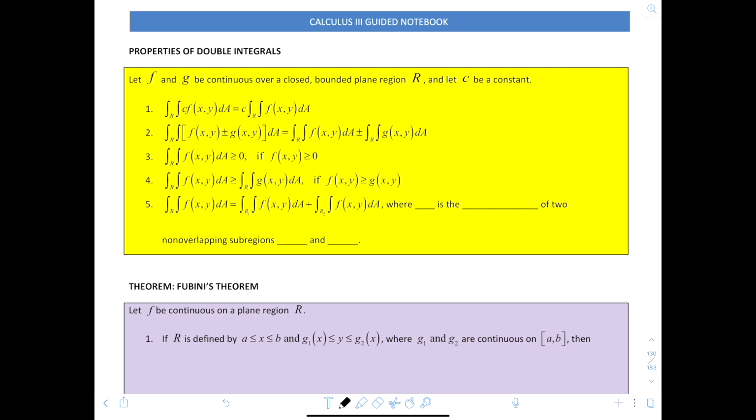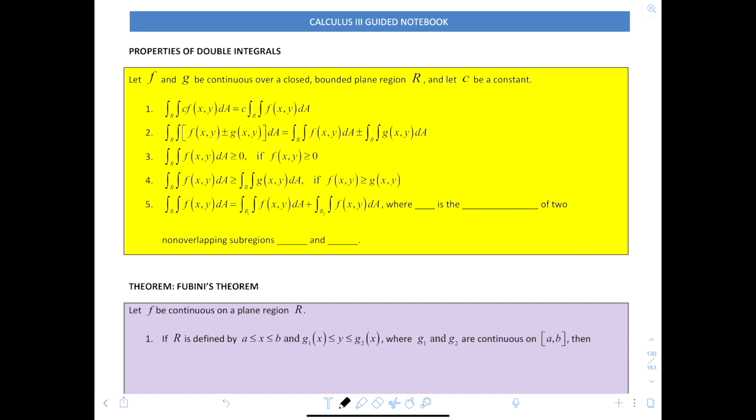And number 4, the iterated integral of f of x and y dA is greater than or equal to the iterated integral of g of x and y dA, and that statement will be true if your f of x and y is always greater than or equal to your g of x and y.